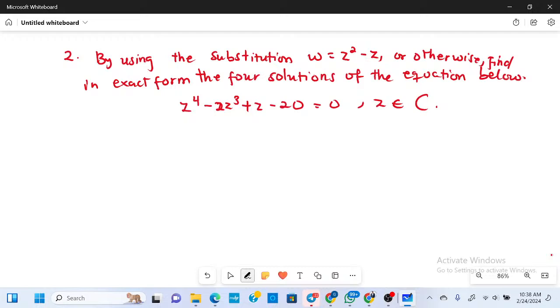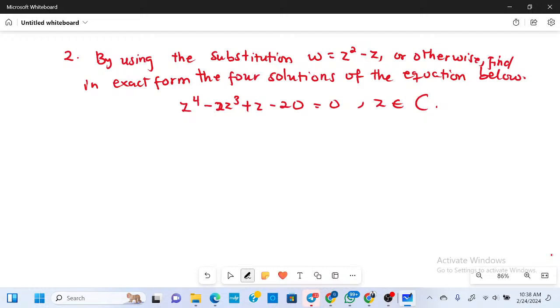But we've been given an optional substitution, which is W is equal to Z squared minus Z. Find in exact form the four solutions of the equation below. And this equation is Z to the power 4 minus 2Z cubed plus Z minus 20 is equal to 0. And Z is a complex number.